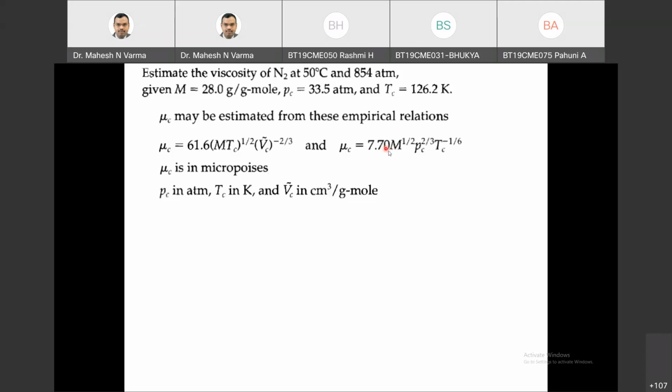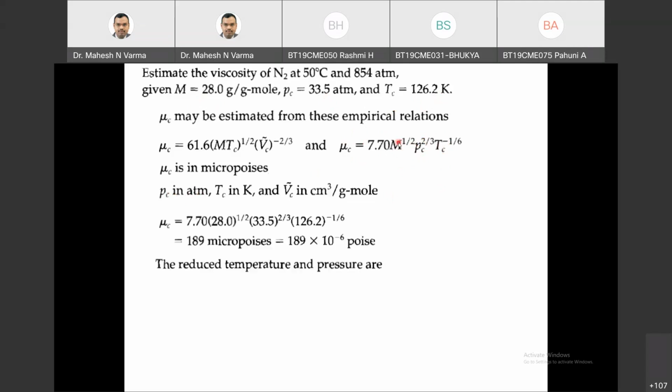You substitute the molecular mass equal to 28, the critical pressure in atmosphere 33.5, and the critical temperature 126.2 Kelvin, and use this equation. Yes, sir, I did that. So it is 190, yes, 190 micropoise.